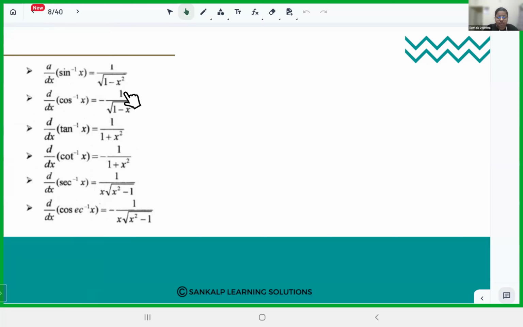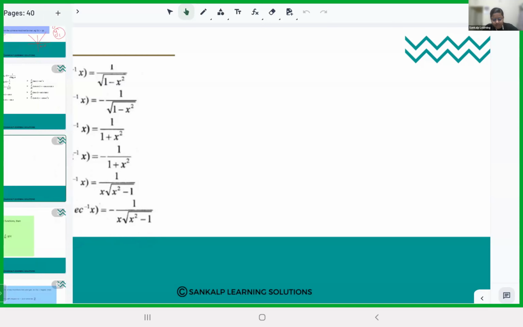So, that's how you connect and study these derivatives. All right. So tan inverse x is 1 by 1 plus x square. And what about the derivative of cot inverse x? It is minus 1 by 1 plus x square. And derivative of sec inverse x is 1 by x root of x square minus 1. What is the derivative of cosec inverse x? It is minus 1 by x root of x square minus 1. Okay.